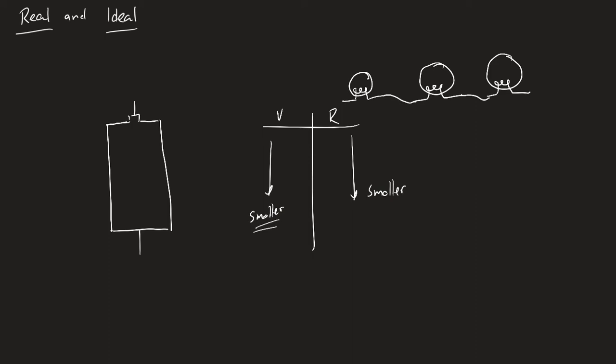But batteries have internal resistance. It's not an actual resistance. What it is is a limitation on their capacity to deliver current. So it's not like there's a resistor inside the battery. That's not what it is. But the internal resistance is a limitation.